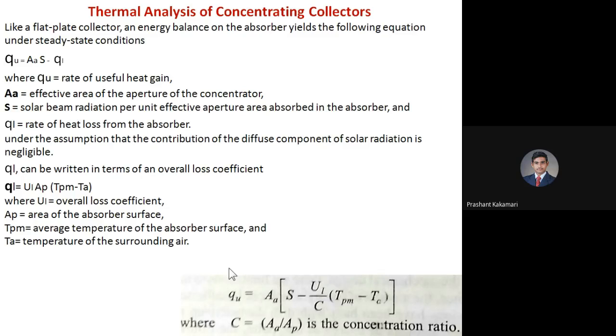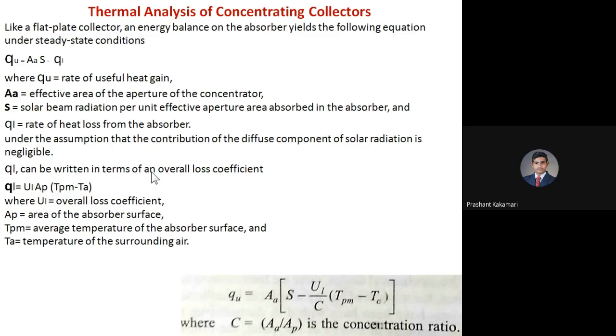Next we will see the thermal analysis of concentrating collector, similar to flat plate collector. The only new thing added here is the concentration ratio, that C value. We'll recall the same equations of flat plate collector, how we use the equations of heat transfer to understand the useful heat gain and the heat losses from the collectors.